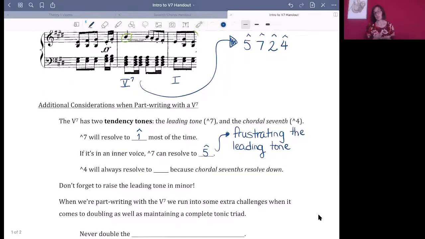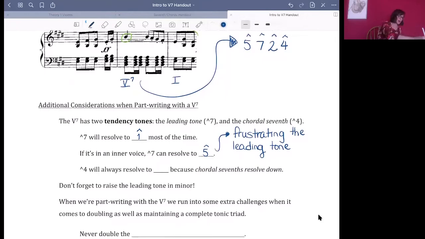Now 7 is a strong tendency tone, but there is another rule that we're going to learn that lets us know why the 5/7 is especially strong and has an especially strong pull to tonic, and that is because chordal 7ths always, always, always, forever and always have to resolve down by step.